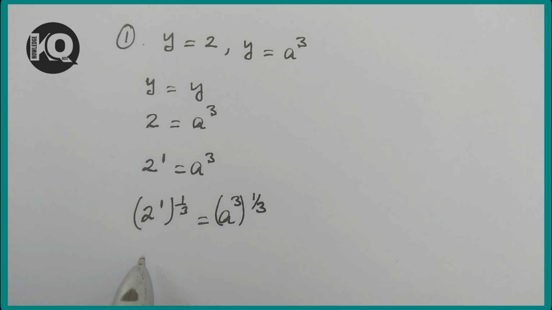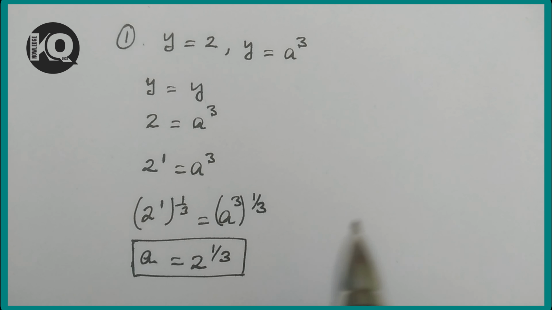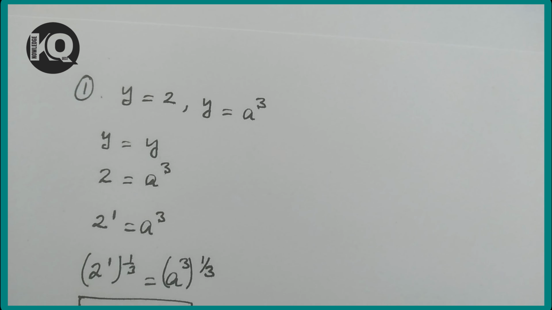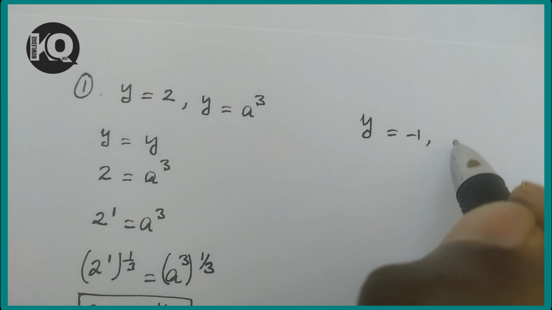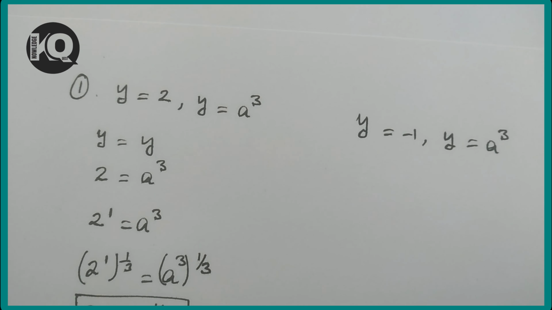So from here we have a equal to 2 to the power of 1 over 3. And for the other case, we have y equal to minus 1 and y equal to a power of 3.